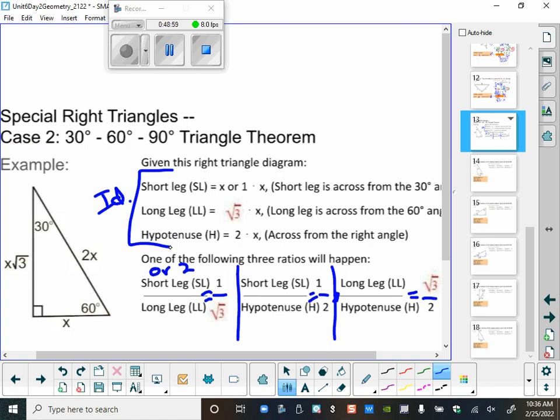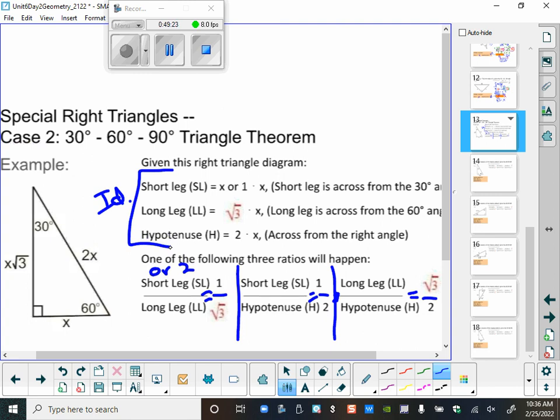Again, identifying, identifying, identifying. That's the key. And we're going to be doing that throughout the whole time. So any questions before we get started? We can do 45, 45, 90. You can do 30, 60, 90 as well.